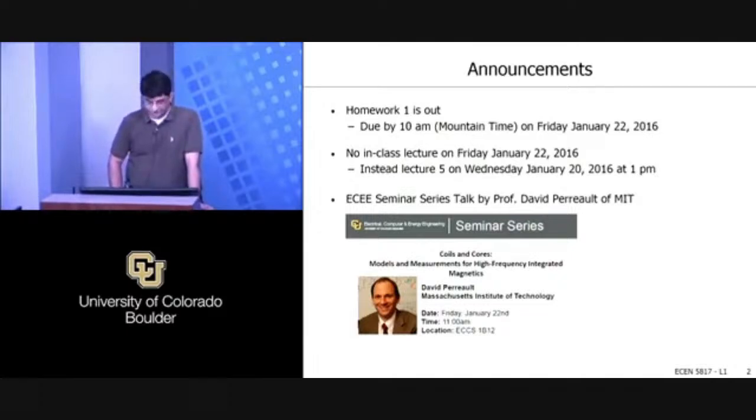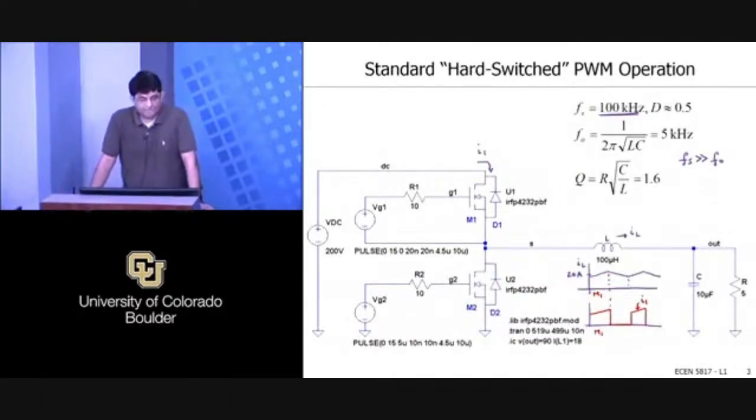All right, this is what we were talking about last time. The particular converter we had picked looks just like a synchronous buck, and we were operating it like a PWM hard switched converter.